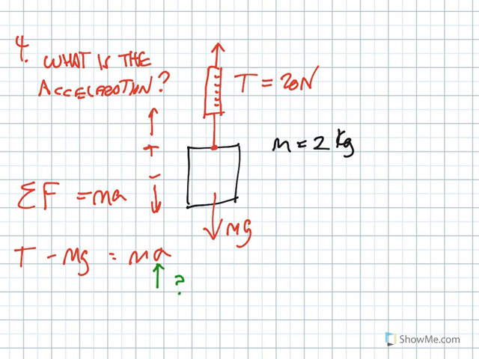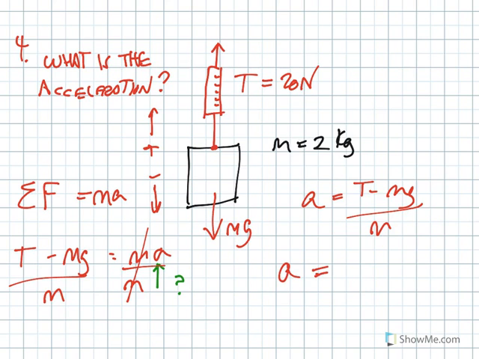So how about we divide both sides by m? Then on the right, we just have a. So that means that a is T minus mg over m. There you go. Easy peasy, lemon squeezy. So let's plug in the values now.